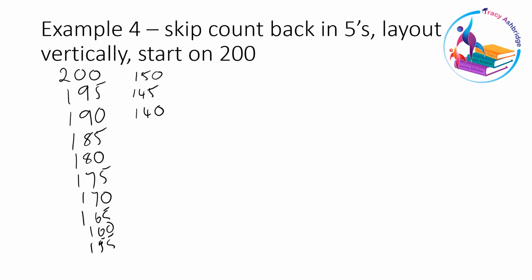So you can then start to look with the children. Okay, so we've got alternate numbers are in the tens. So this number's in the tens, this is in the tens, this is in the tens, this is in the tens, this is in the tens, this is in the tens, this is in the tens. We could talk about odd and even numbers there too.